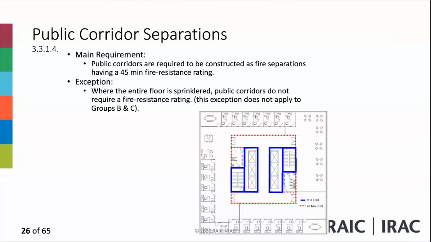So if I have a corridor within a residential occupancy, or within a care, treatment, or detention occupancy, my corridor always requires a fire resistance rating. Okay? In other cases, if the story is sprinklered throughout, then I can omit the fire resistance rating for that corridor.